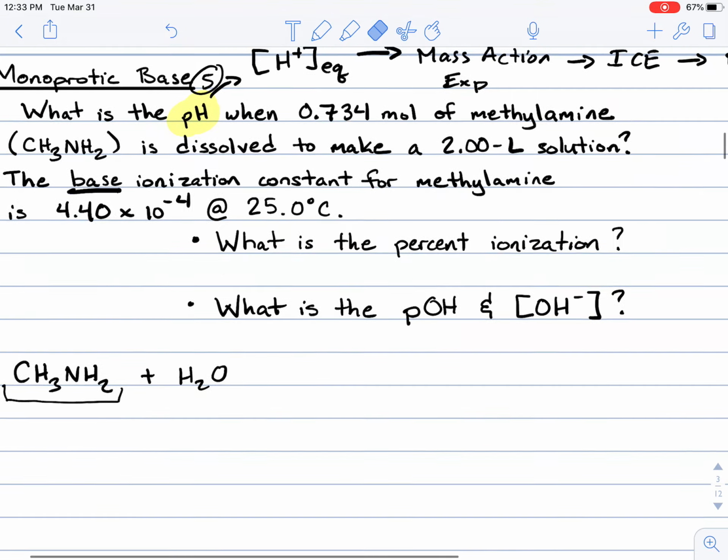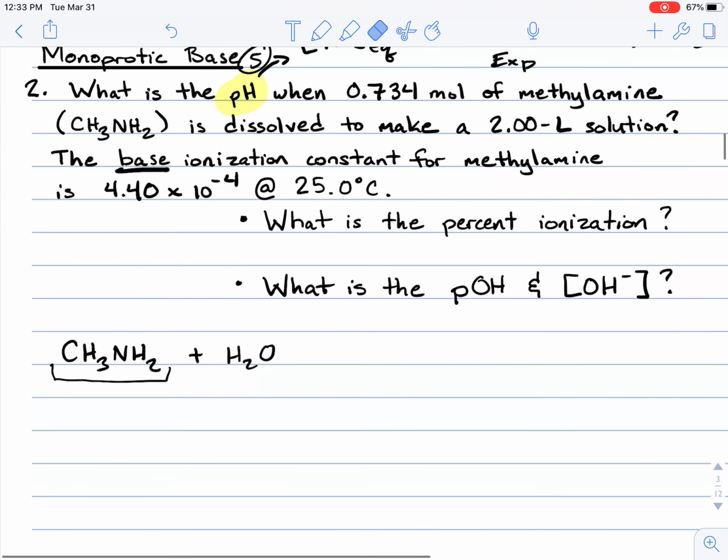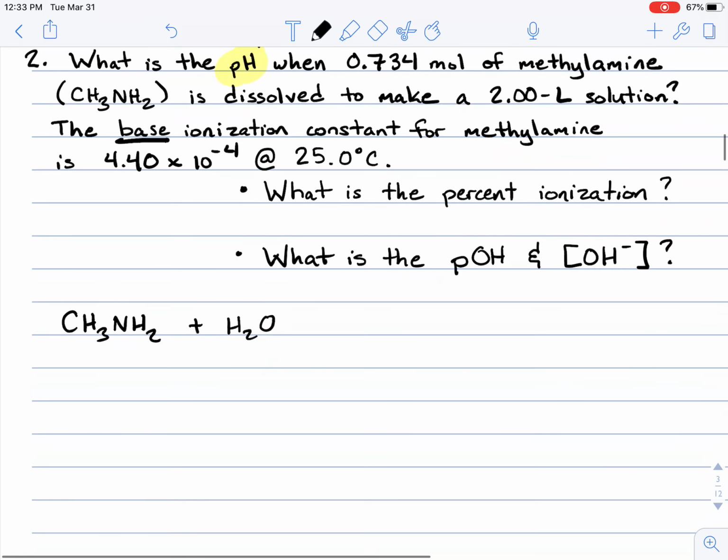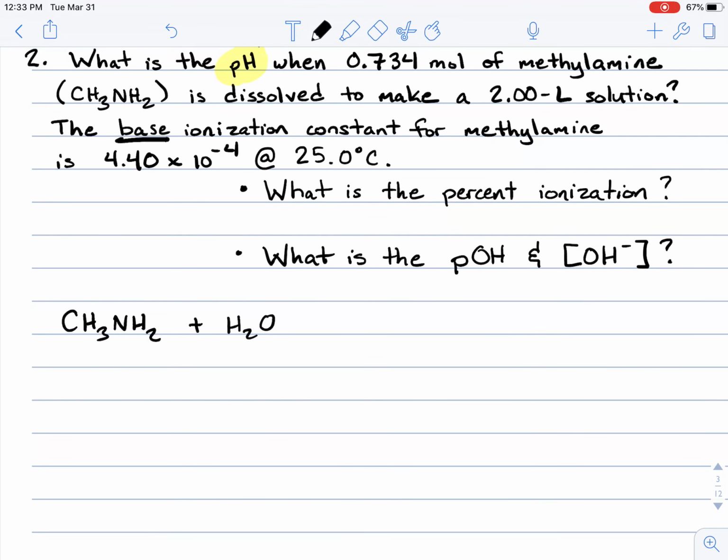And so this is the reason why we need to include water in our chemical equation. And so the physical state of matter for methylamine is going to be aqueous because we're dissolving it in solution. And water, since that's a pure substance, is going to be liquid in physical state of matter.